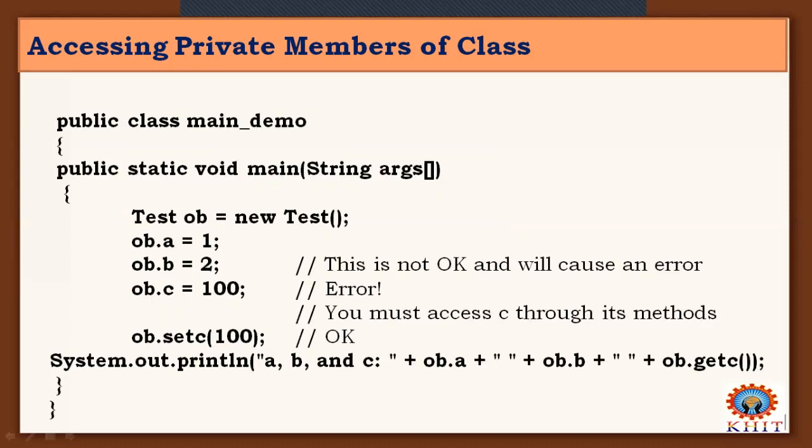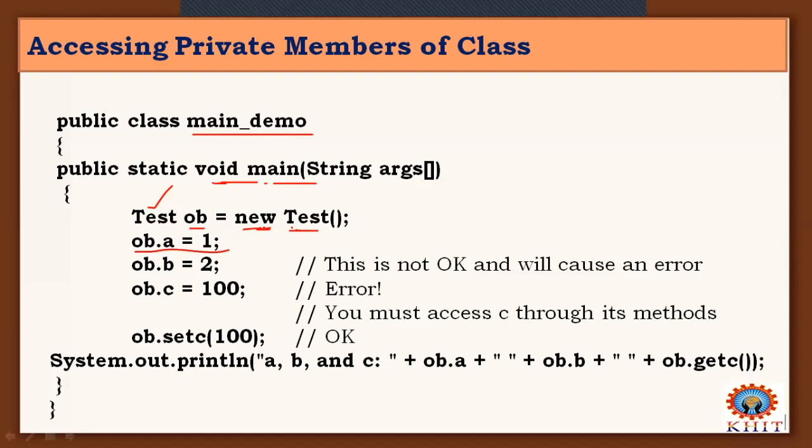Coming to the public class MainDemo, the main class, I try to access those member variables of the class. Inside the main function, I create one object of the Test class. ob is an object here, and memory is created by using the new operator and constructor. I'm trying to access ob.a = 1.